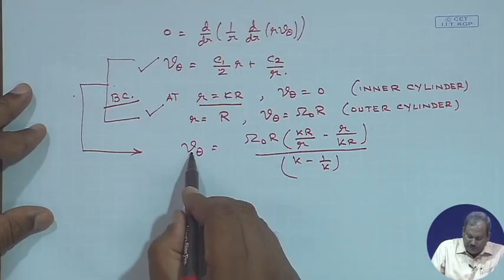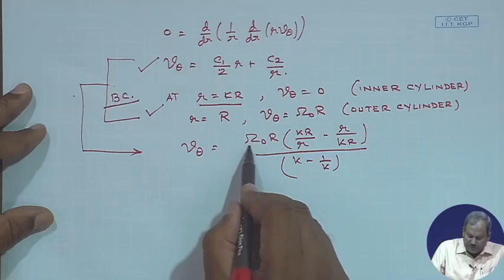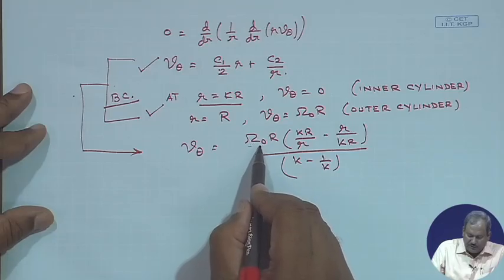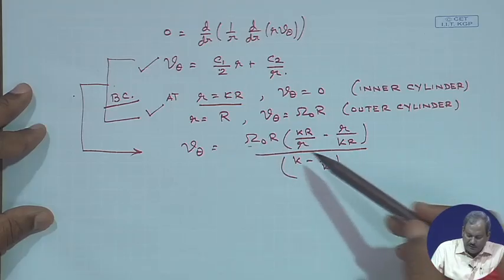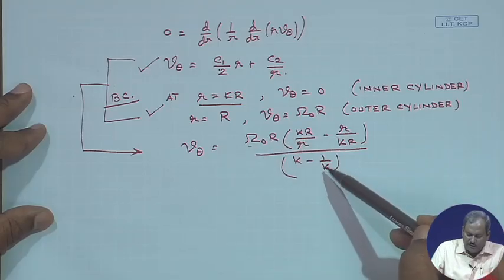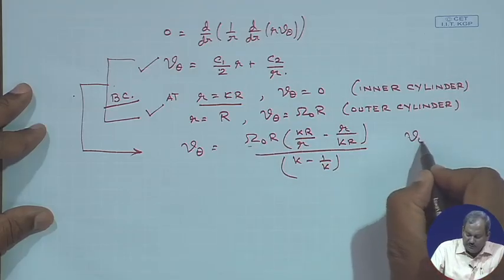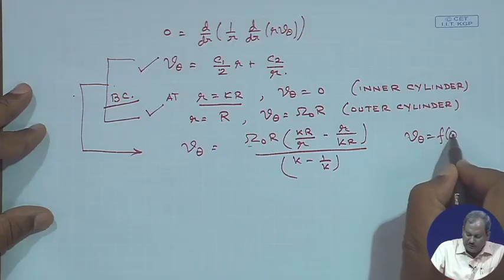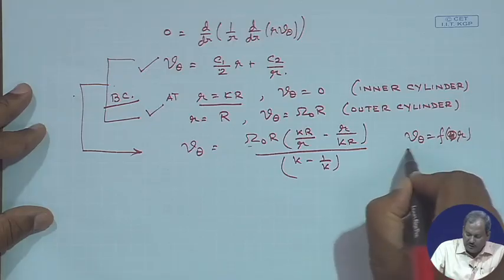So the velocity is a function of the imposed condition, which is the velocity with which the outer cylinder is being rotated, and all the rest are geometric parameters, and therefore v_theta is a function of r.